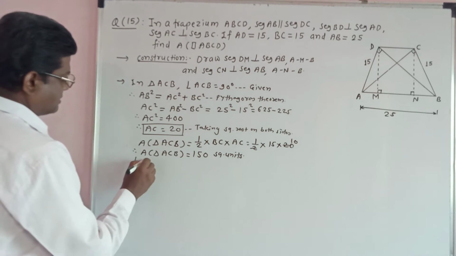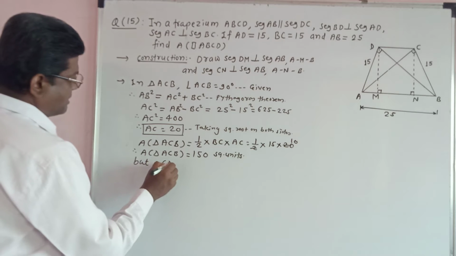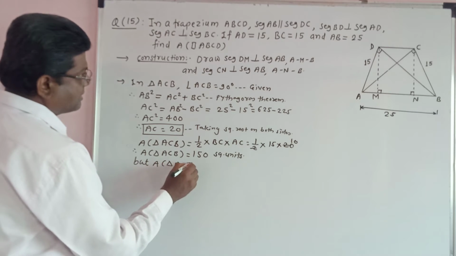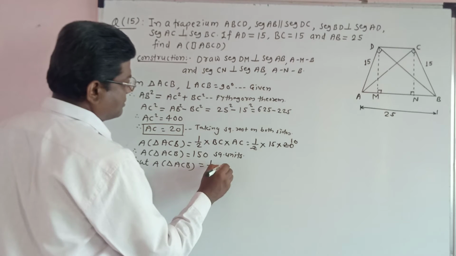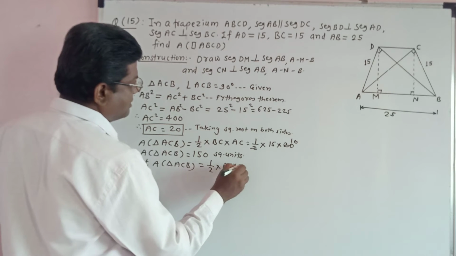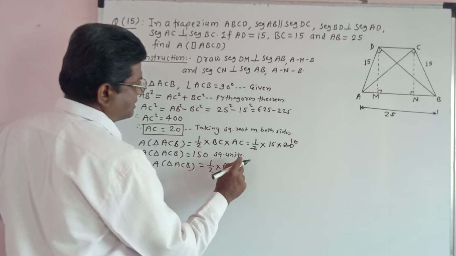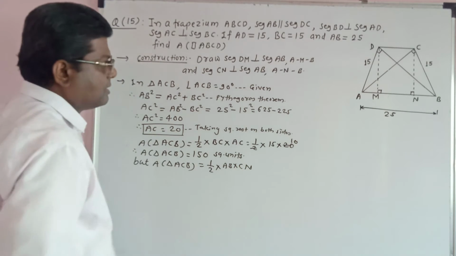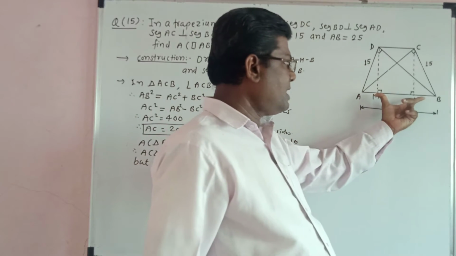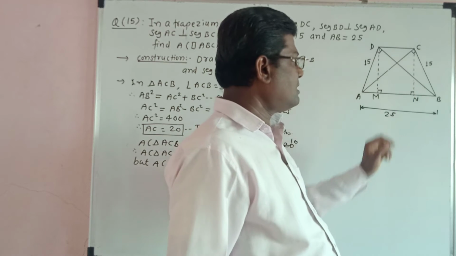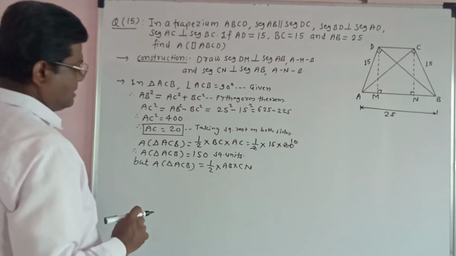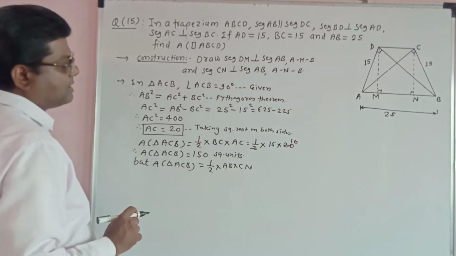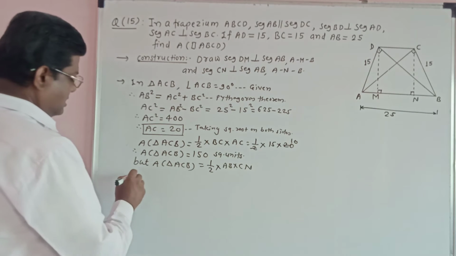But area of triangle ACB is equal to 1/2 into AB into CN. If we take AB as the base and CN as the height, then area of triangle ACB is equal to half into AB into CN.